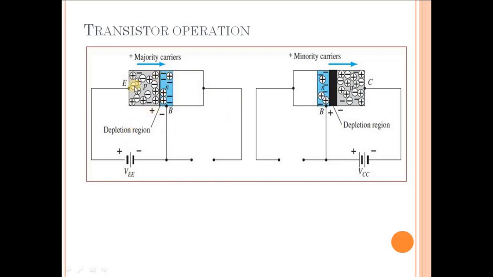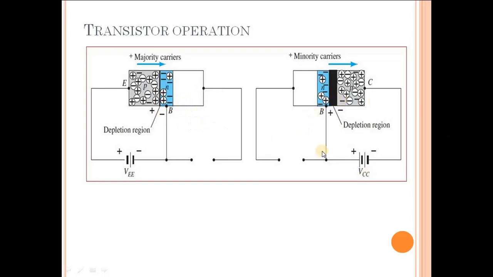So with this PNP BJT, I have made two circuits. In this very first circuit, I have applied a DC bias across the emitter base PN junction, and I have not applied any DC bias across the collector base PN junction.